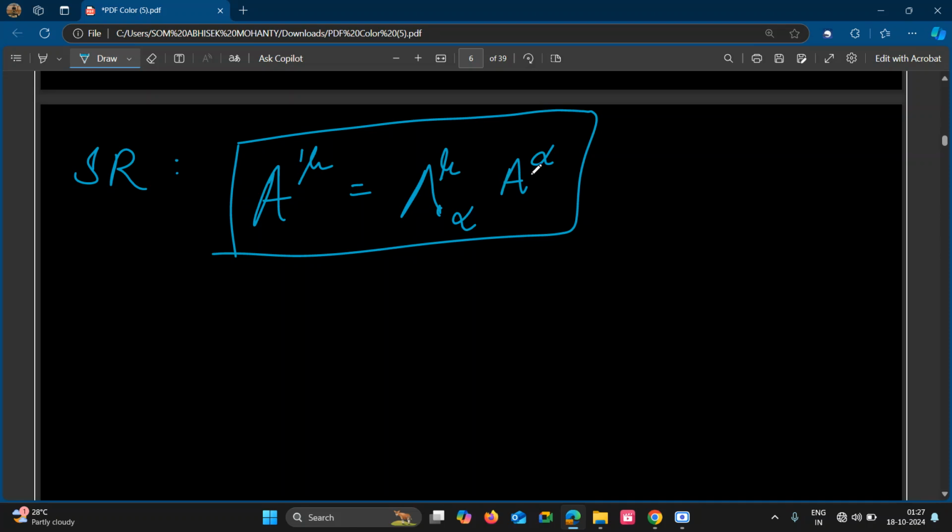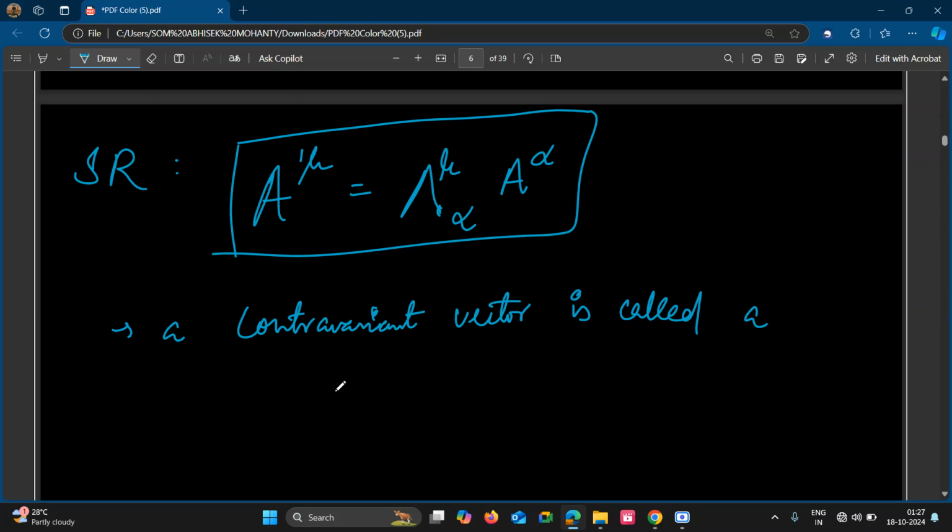So we can say a contravariant vector is called a space-time 4 vector, or simply a 4 vector.